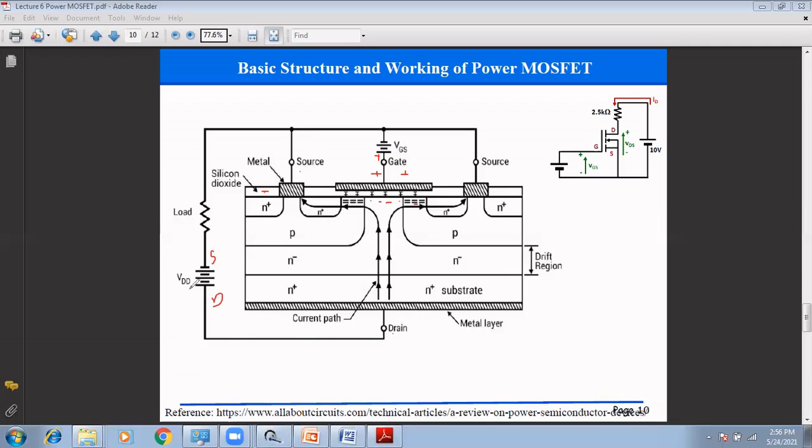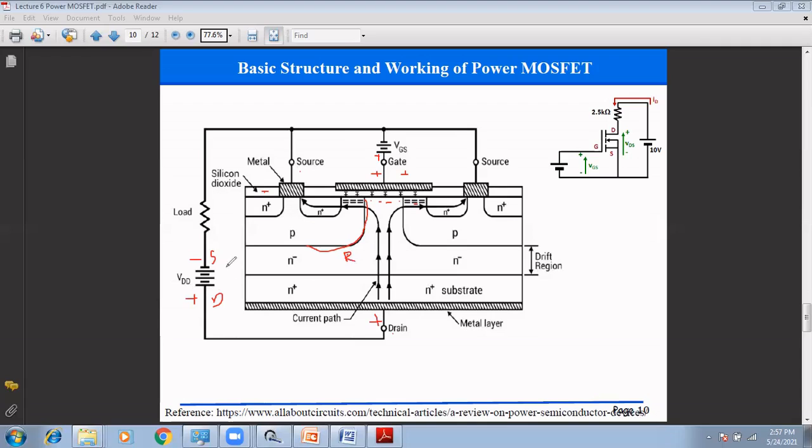Because of this positive voltage and this negative voltage, the positive voltage is applied towards the N, and the negative voltage is applied towards the source, the P. So this junction becomes reverse biased, because the positive is applied to the N and the negative is applied to the P.